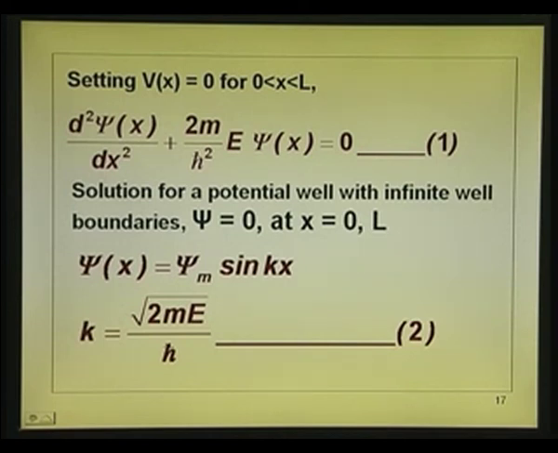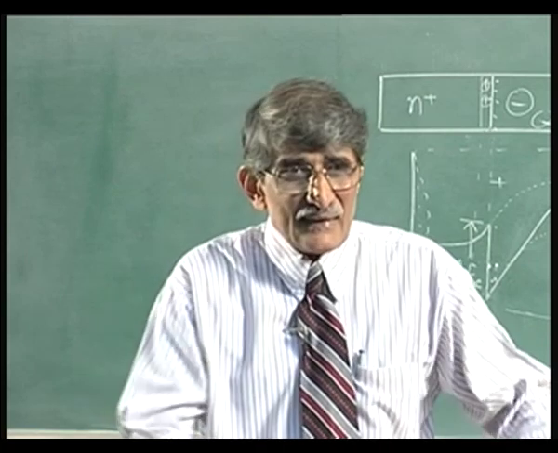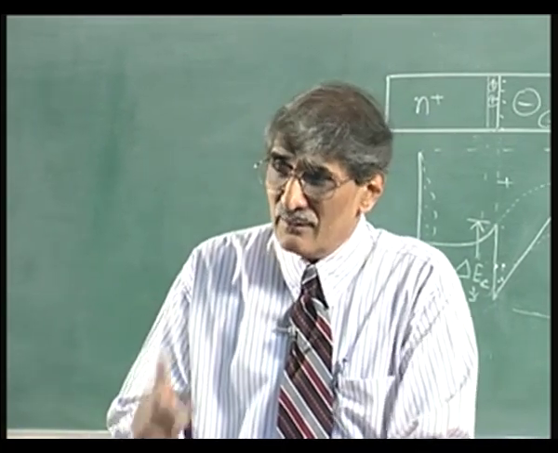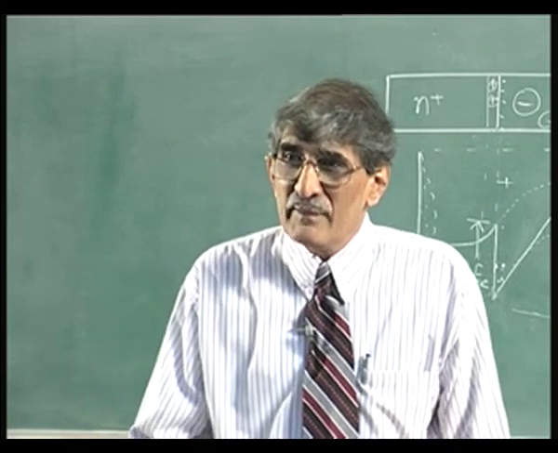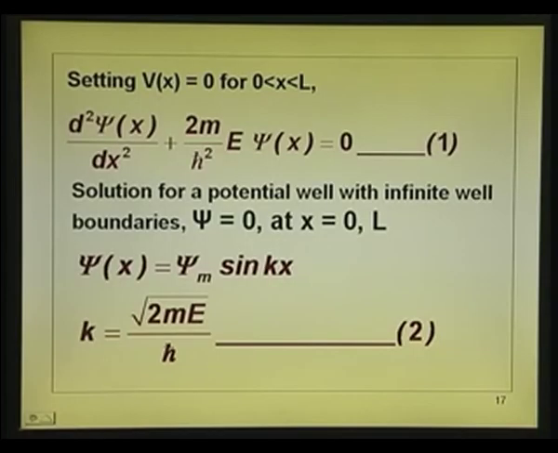That cos term will be 0, because at x equal to 0 psi should be equal to 0. Otherwise, cos kx at x equal to 0 will give 1, and the probability will not be equal to 0. So, the cos term is 0. Even though it is a second order differential equation, the cos term is made 0.